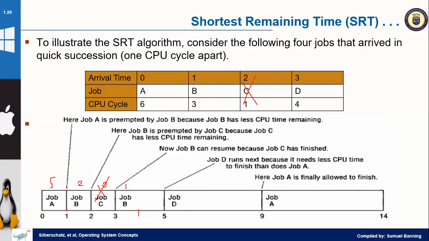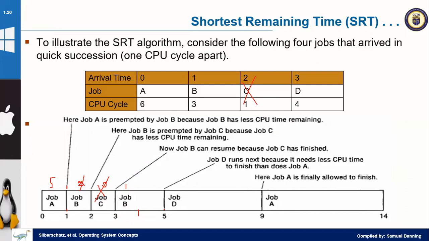So the operating system will determine amongst 1, 5, and 4, which one is the least? 1. Therefore, B is given the chance to continue to execute. So B executes from 4 to 5.